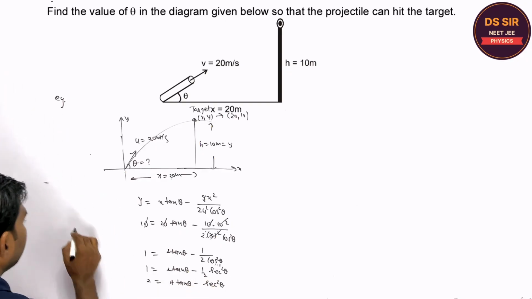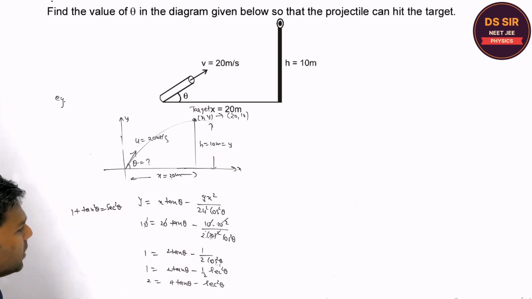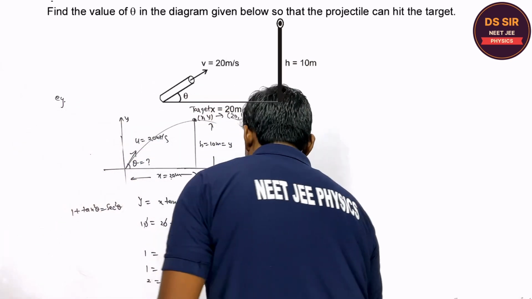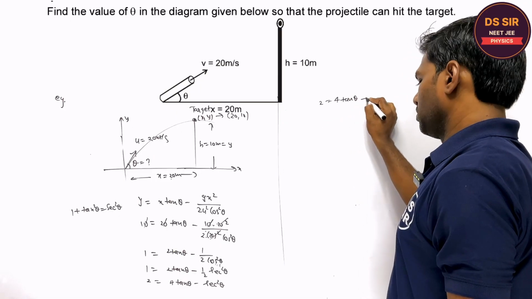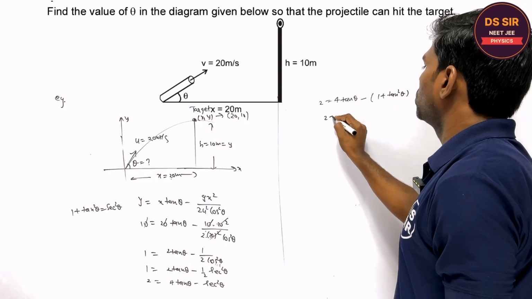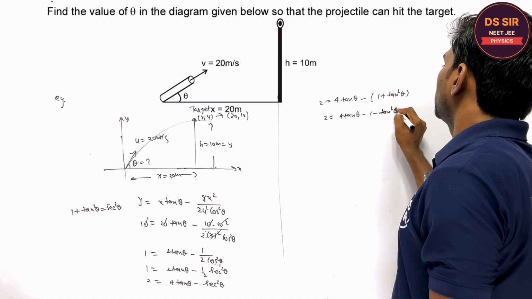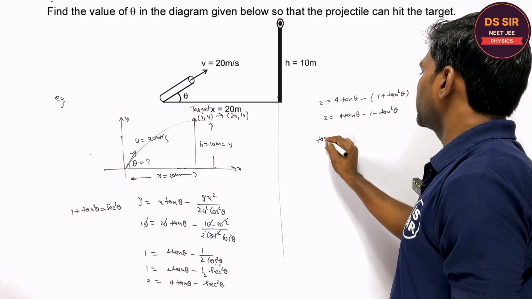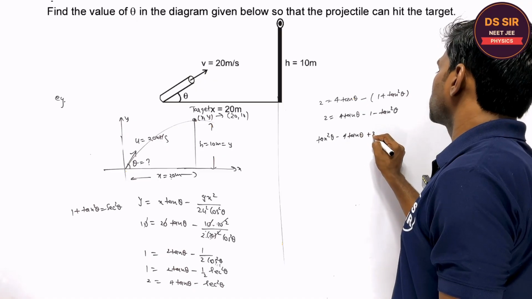I will use the identity 1 plus tan square theta is equal to sec square theta. Is it clear? So 2 is equal to 4 tan theta minus 1 plus tan square theta. 2 is equal to 4 tan theta minus 1 minus tan square theta. It will come to the left side: tan square theta minus 4 tan theta plus 3 is equal to 0.